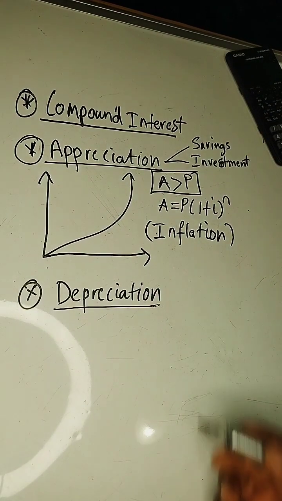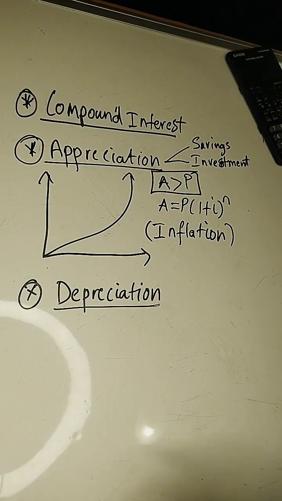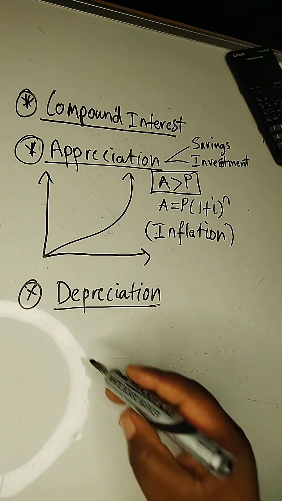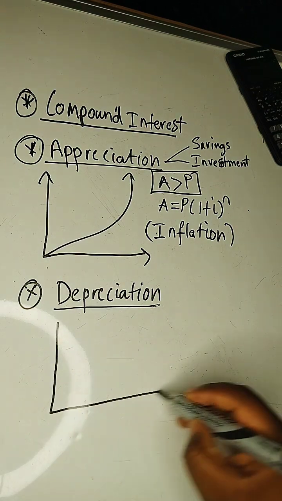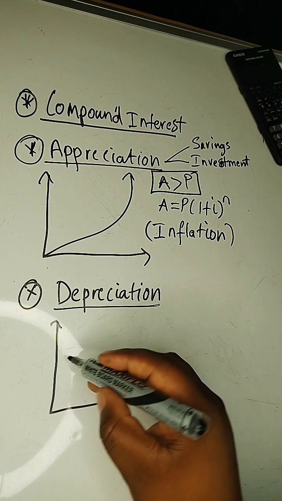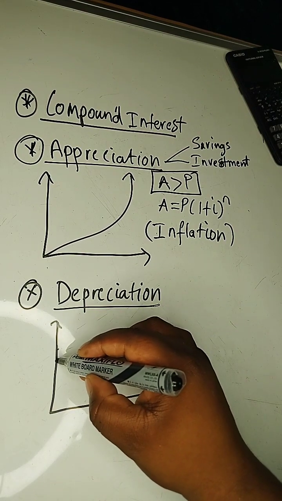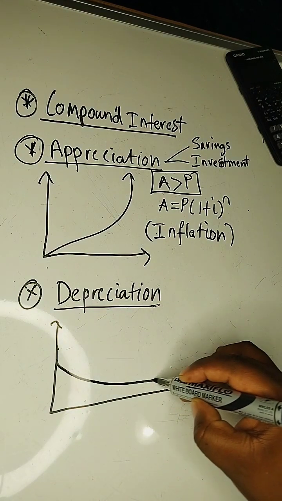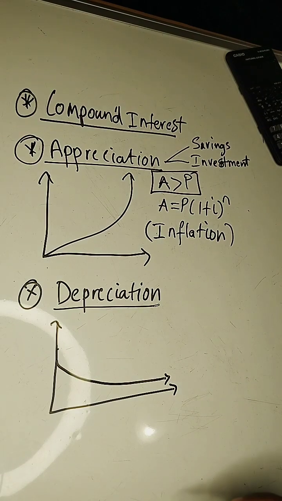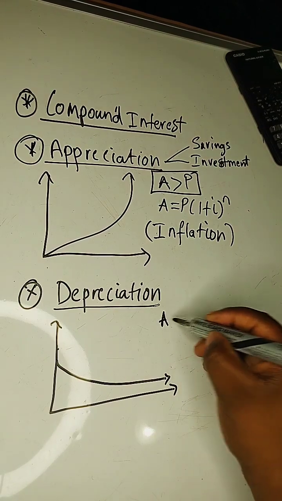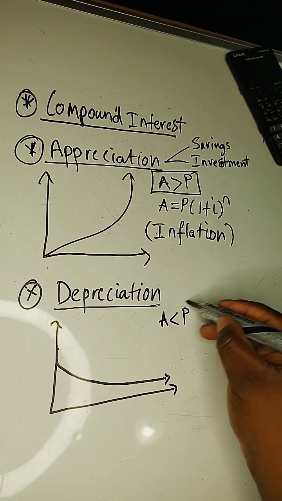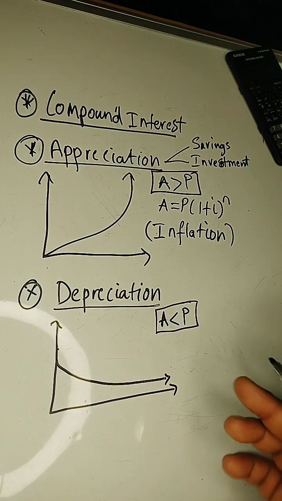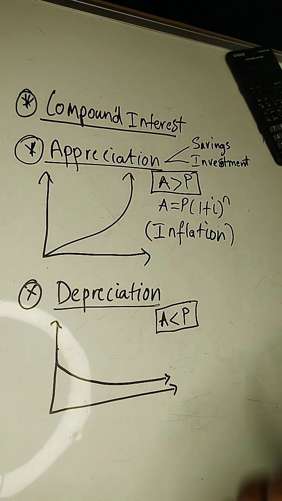When you speak of depreciation, we have a decreasing function, which will come up and go down like that. Here we know that our A is now less than our P, because it's a depreciation, it loses value.